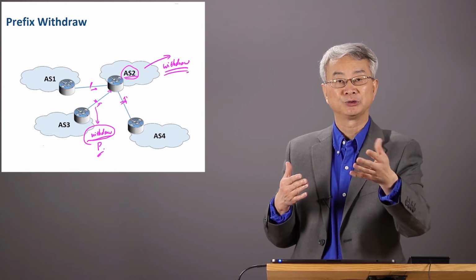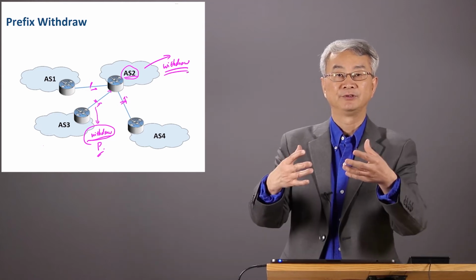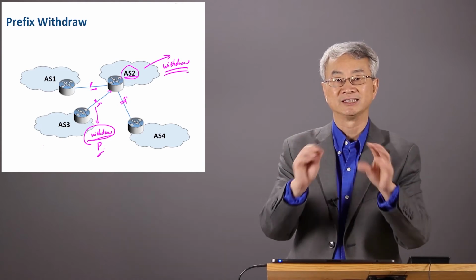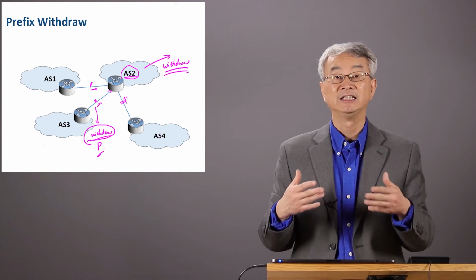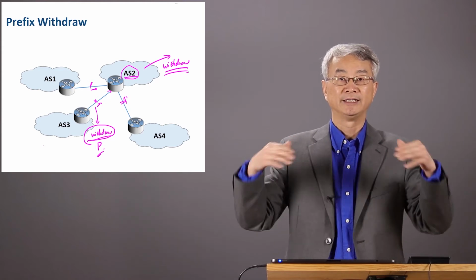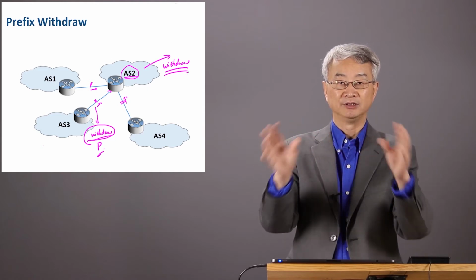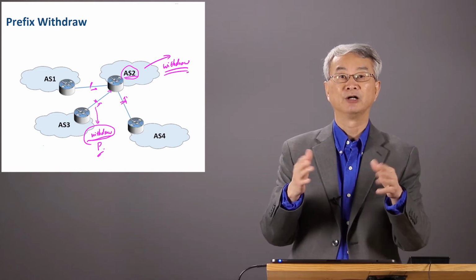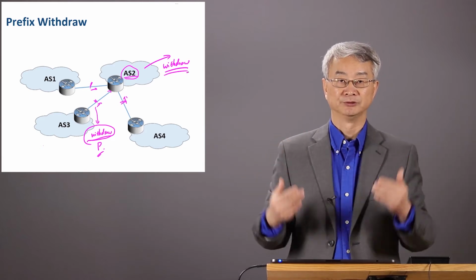If I don't have another choice to reach you, I will withdraw and tell the rest of the world. If all the paths reaching you get disconnected and you are no longer reachable from the internet, then eventually all your neighbors are going to send out the withdrawal, and the entire world will know they cannot reach you, and their packets are not going to be routed to you.